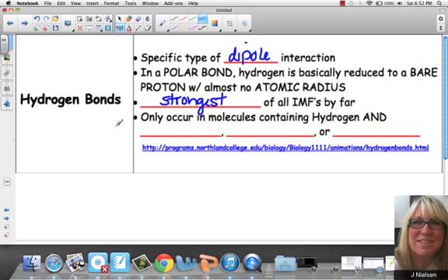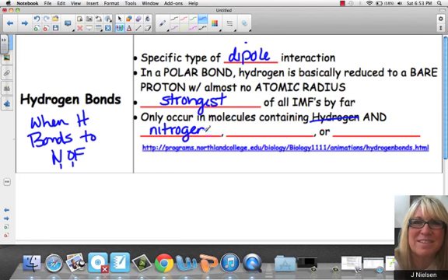And the thing is, it only occurs with hydrogen and 3 other elements. So hydrogen bonds occur when H bonds to, I say, NOF: nitrogen, oxygen, or fluorine.